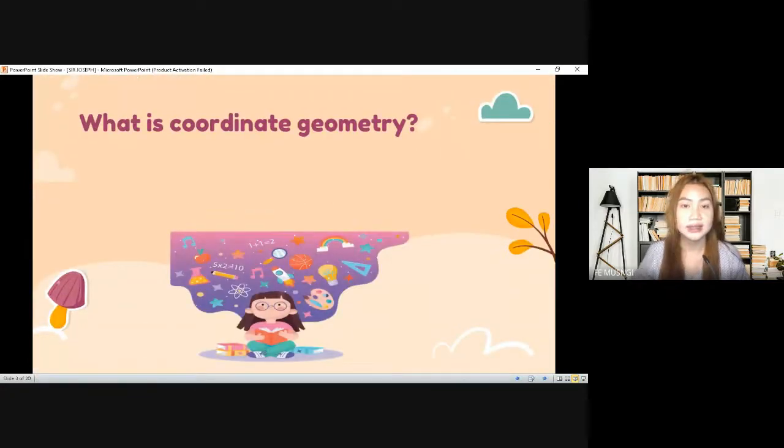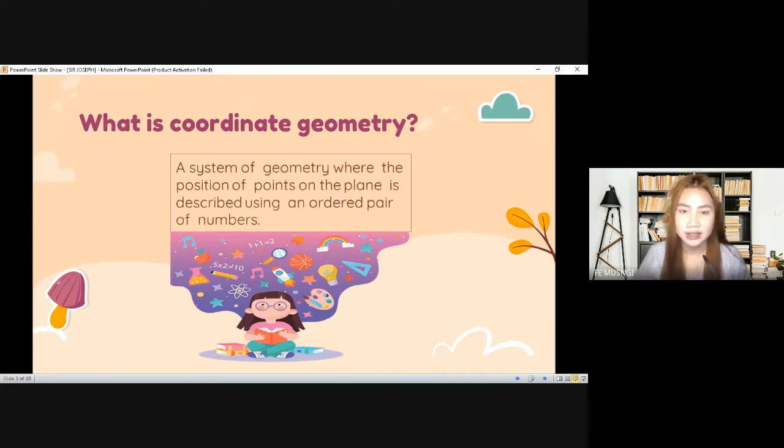So, what is coordinate geometry? Based on the definition, it is a system of geometry where the position of points on the plane is described using an ordered pair of numbers. It is also considered one of the most interesting topics in mathematics, defined as the study of geometry using coordinate points.